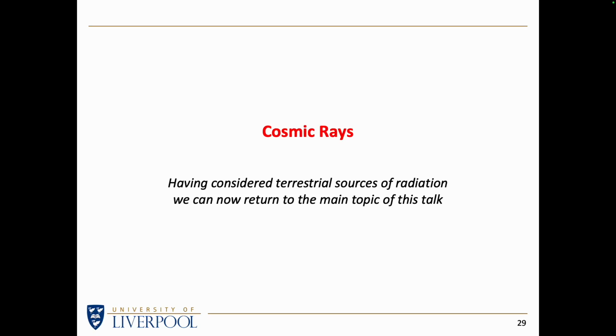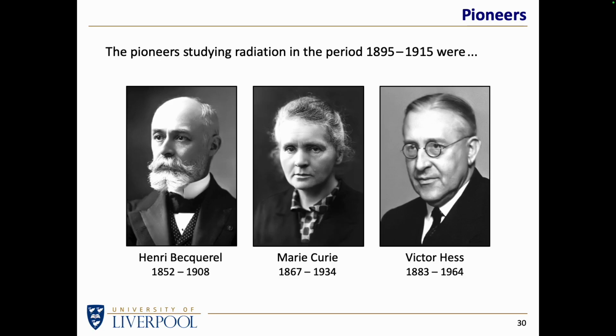So we've had our little aside to make sure that we all understand what we mean when we talk about cosmic rays and cosmic radiation. I thought I'd give you that little aside on terrestrial radiation to sort of set the scene. So where did the history of cosmic rays start? Well, if we look at the pioneers of radiation, I would imagine that most of you will recognize the person in the middle, Marie Curie.